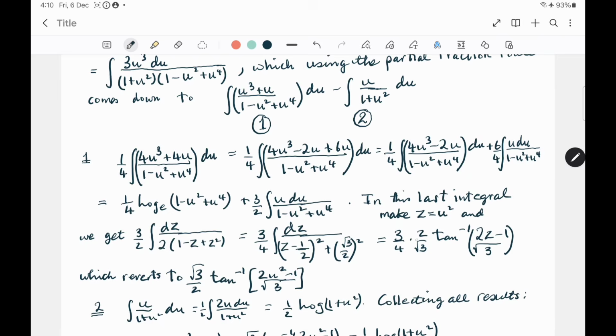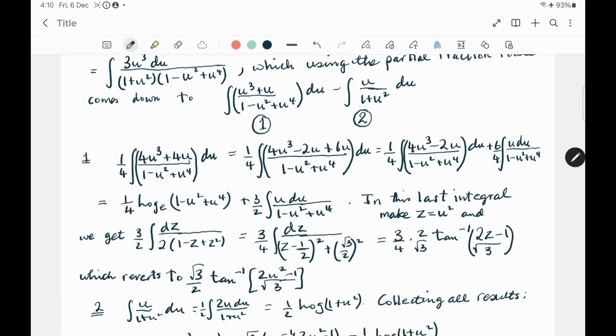so that ends up with 3/4, because that's a standard integral, 3/4 times 2 over root 3 tan inverse of 2z minus 1 over root 3. It reverts to square root 3 over 2 tan inverse of 2u squared minus 1 over root 3, because we let z equal u squared.